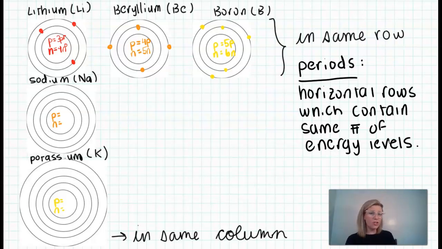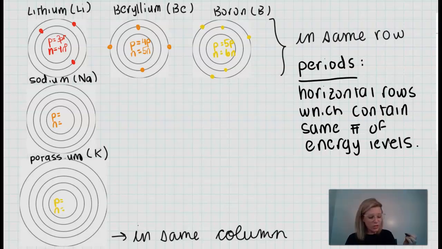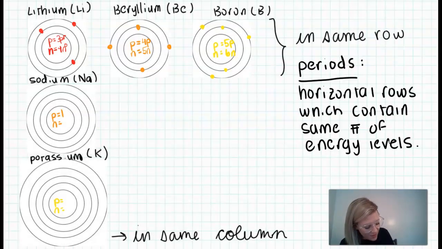Okay, let's now take a look at the column of lithium, sodium, and potassium. Now, interestingly, lithium, sodium, and potassium are all in column number 1. So let's take a look at the Bohr diagram for sodium. Sodium is element number 11. So it has 11 protons, and it must have 12 neutrons, as its mass number is 23.